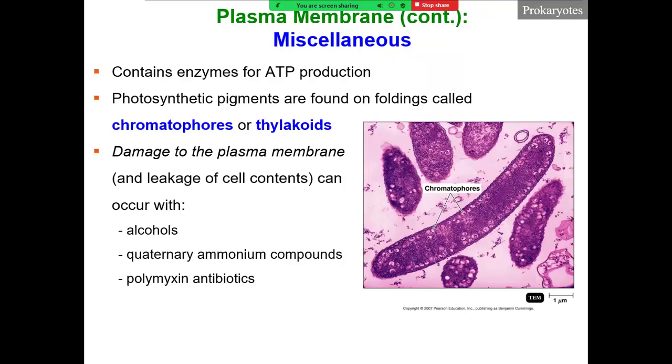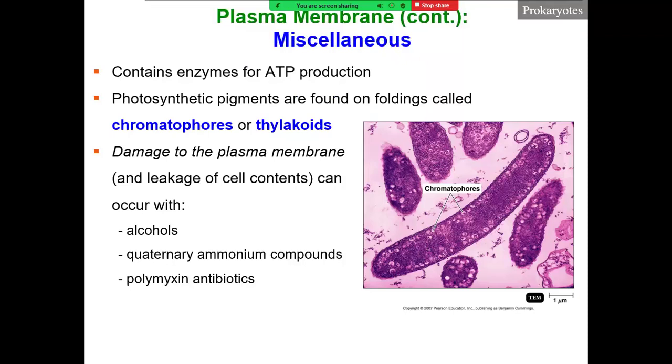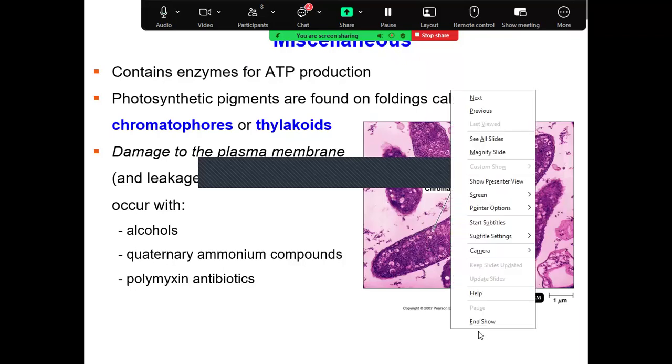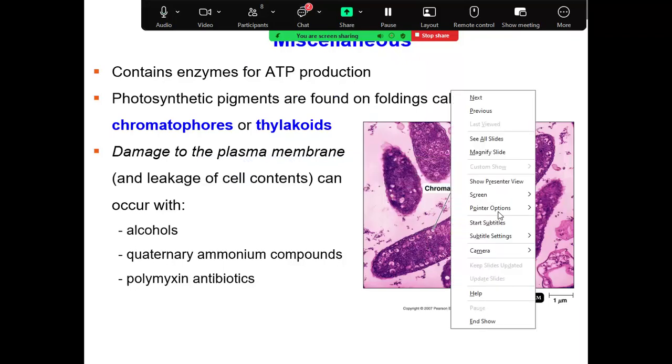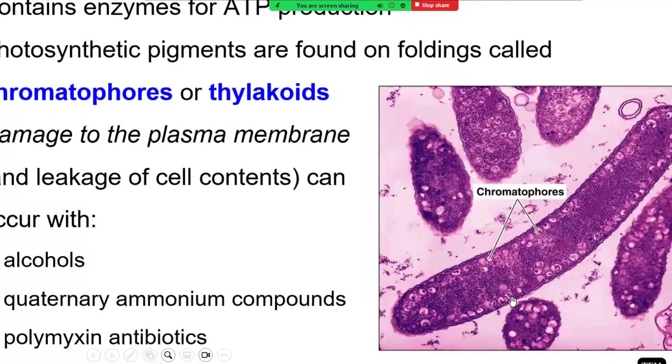The photosynthetic pigments are found in the foldings of the cell membrane called chromatophores or thylakoids. Let me blow this up. I can't blow it up further. Why is that? Oh, there it goes. For some reason, it wouldn't allow me to do it.